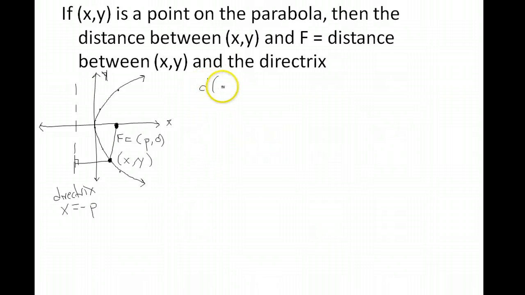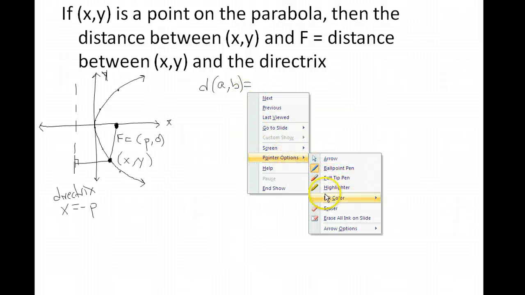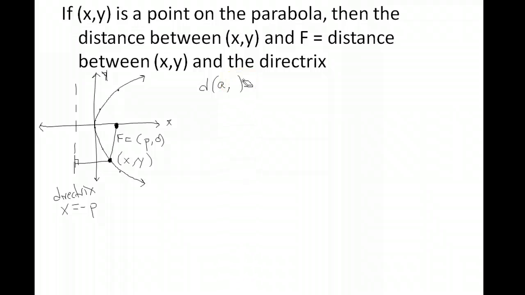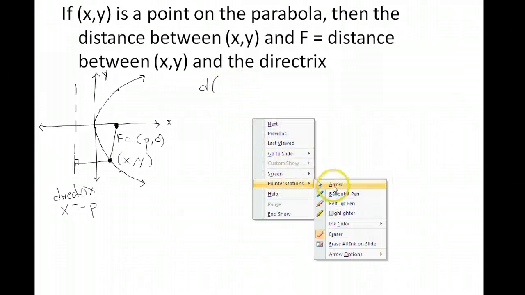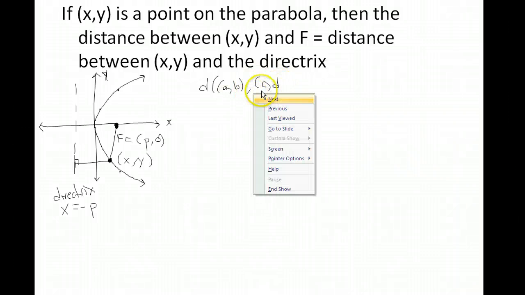So the distance between 2 points, we'll call them A and B, right, is equal to what? Actually, I have to be very careful. If you want to write this, you have to write it as the distance between two ordered pairs, right? Okay, so let's modify that slightly. So if you want the distance between 2 points, let's call them A, B, and C, D. My pen is being terrible right now.